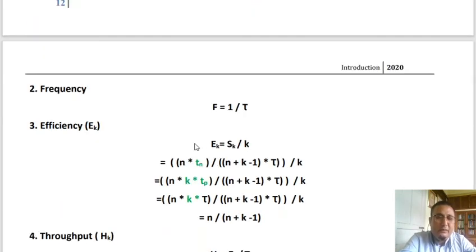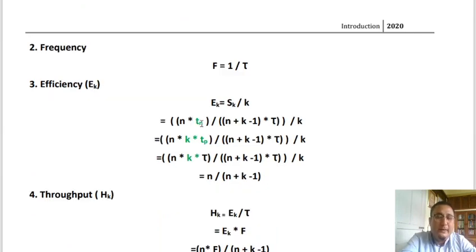Now frequency has a very simple representation. Frequency is equal to 1 by tau, right? Now efficiency is equal to speed up ratio by the number of phases. We have an expression for speed up ratio: the speed up ratio is equal to non-pipelined execution by pipelined execution, which we have already determined in the first parameter. Here this Tn can be replaced by k into Tp, because Tn is the total amount of time required for executing a particular instruction.